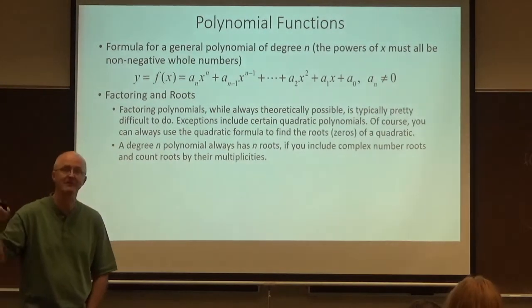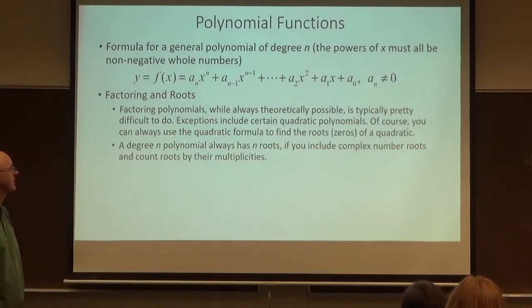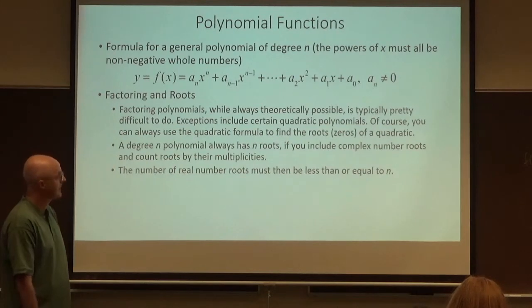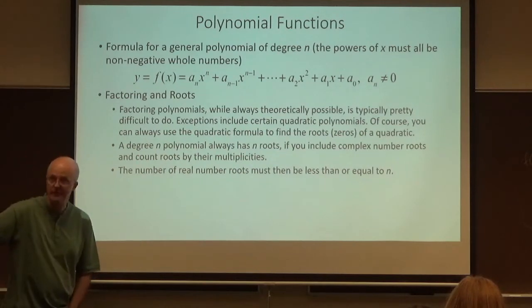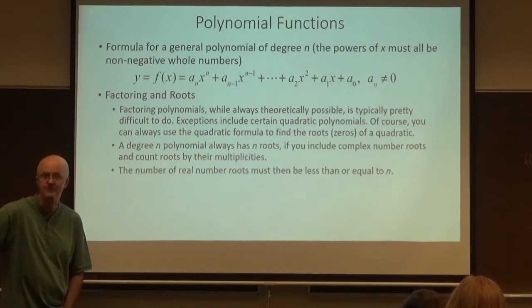Paradoxically, complex numbers make some calculations simpler, including in differential equations. Also, if you count by the multiplicities, you're going to have n roots. The number of real roots must always be less than or equal to n, and it definitely could be strictly less than n. If you have a degree 5 polynomial, you could have, for example, 3 roots.